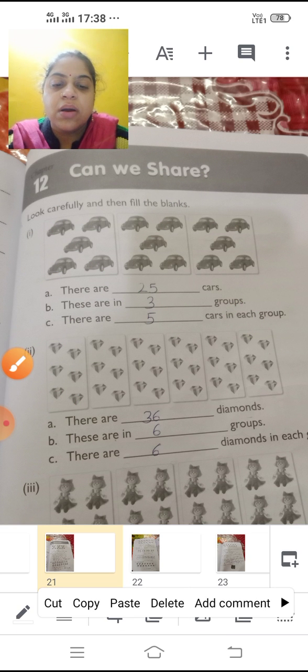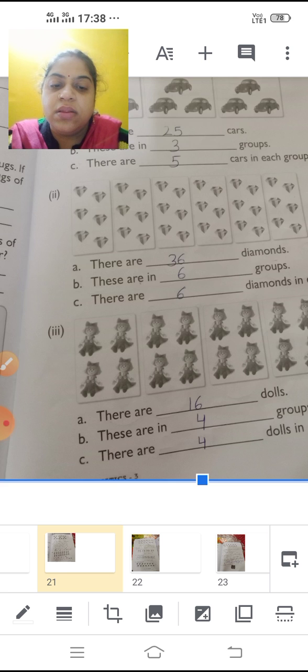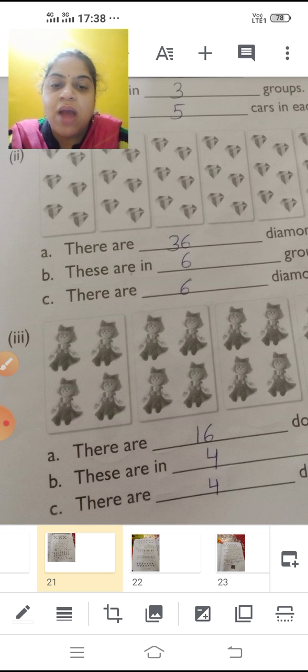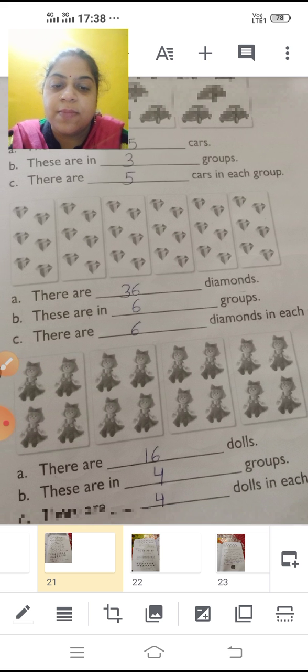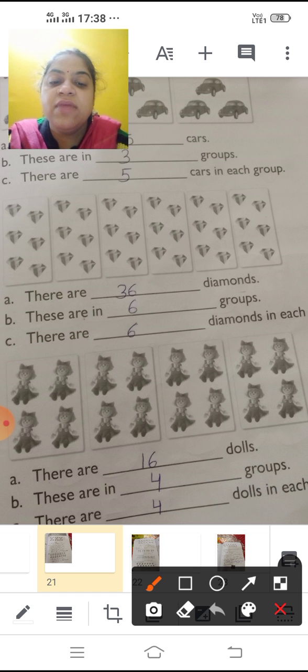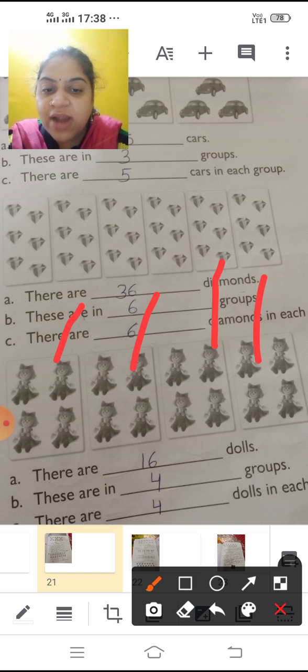Now this you can see how it is done. How many dolls are there? There are 16 dolls. How have we seen? We have seen according to the groups. 1, 2, 3, 4. 4 groups are there.